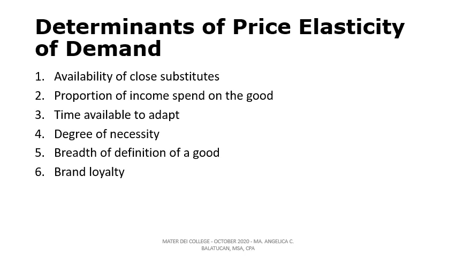Then we have brand loyalty. An attachment to a certain product, either out of tradition or because of proprietary barriers, can override sensitivity to price changes, resulting in a more inelastic demand.